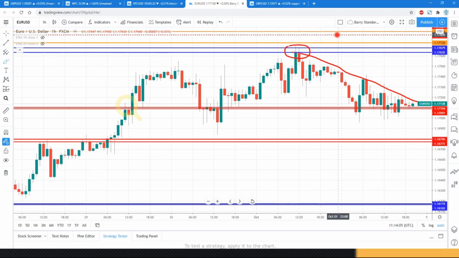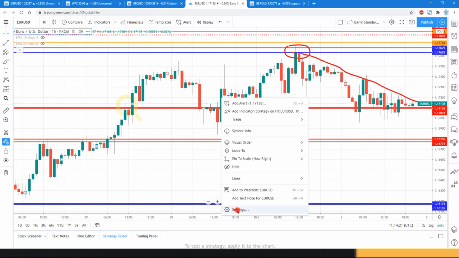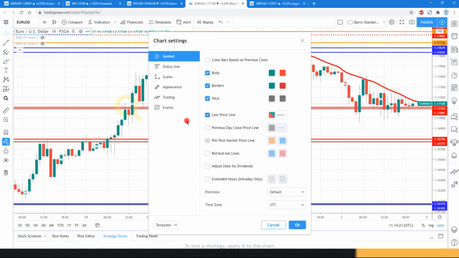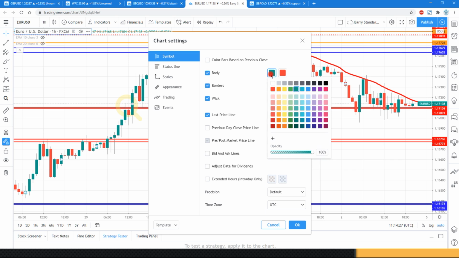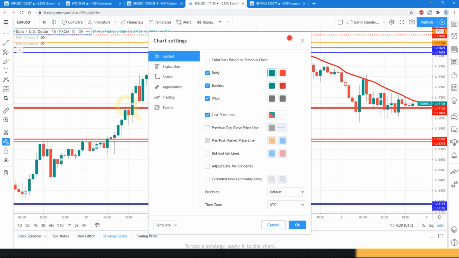So we're looking at a chart made up of reds and greens. We could, like I said, change our settings to be orange and purple, blue and white. As long as you know which colors you're using, it's perfectly fine.